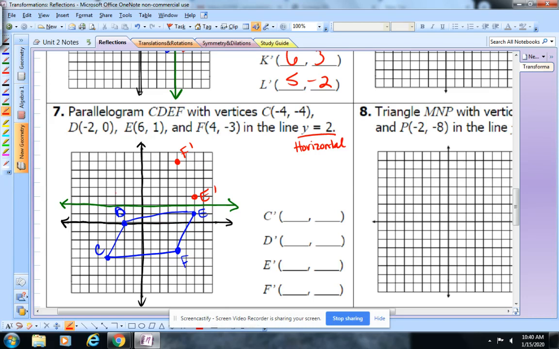D is how many spaces? Well, D is 2. Yeah, I'll get there. So there's D prime. And then C is 6, you say? 1, 2, 3, 4, 5, 6. Top row, right?